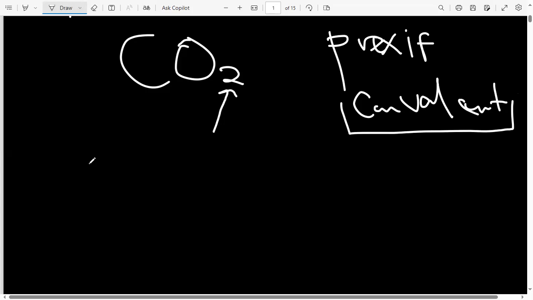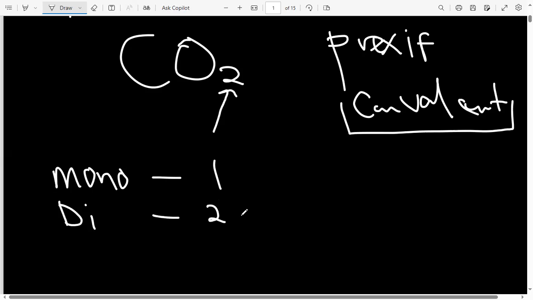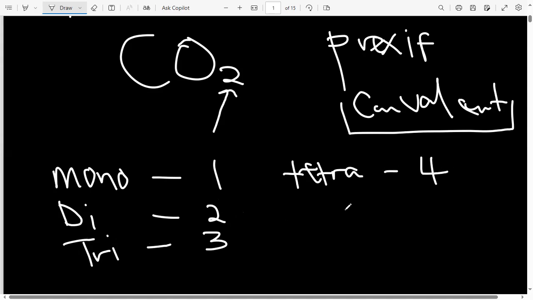So let's talk about the prefixes that you can use. One is known as mono. If I have one element of a certain type, I'm going to say it's mono. If I have two, it's di. Tri means three. Four is given by tetra, which means I have four of those elements.